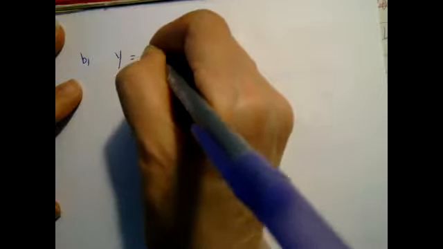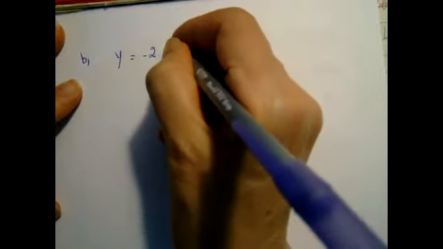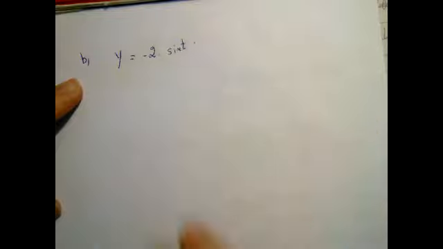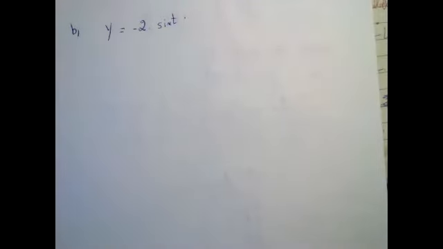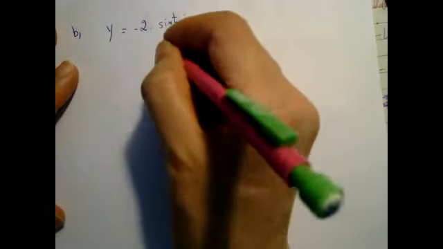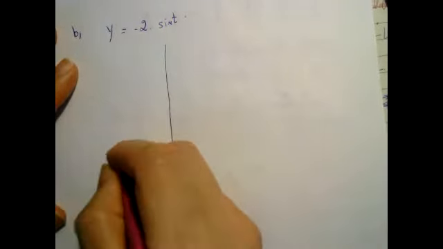So part 2 is we're going to sketch the graph of y equals minus 2 times the sine of t. How will this affect the graph? What type of graph are we going to get in this case? Anybody?